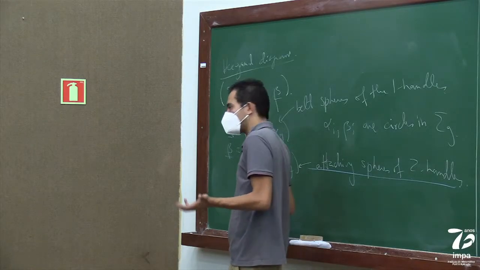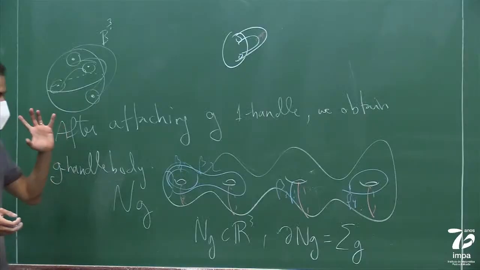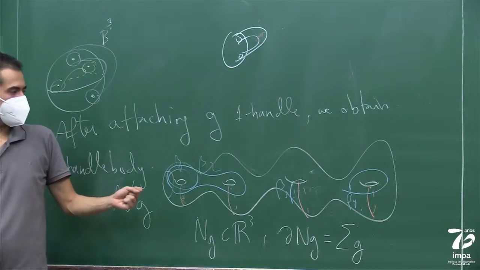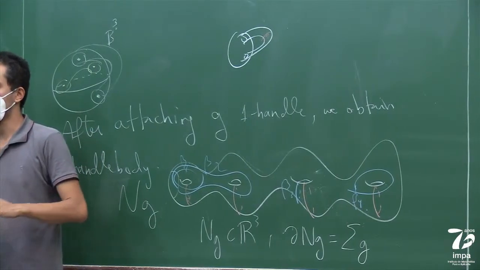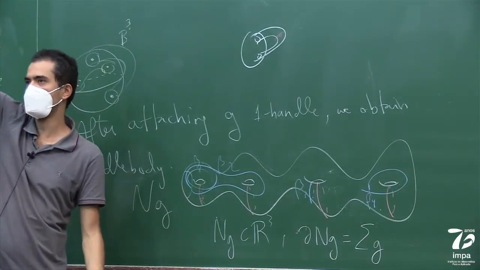Okay, so this is what's called the Heegaard diagram. Usually people just think about a Heegaard diagram as a surface, a genus g surface, with g alpha curves and g beta curves, which correspond to the one handles attaching from the bottom, and the two handles attaching from the top.